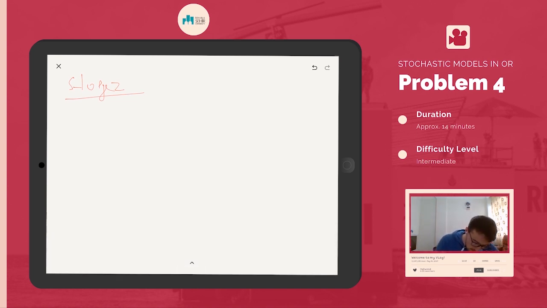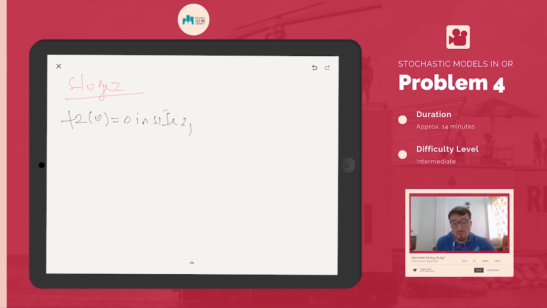So let's say I have $0 million available. In this case, do I have any money to invest? No, I can't invest any money. So I will invest 0 in stage 2, in side 2.